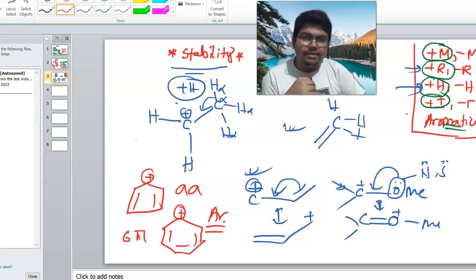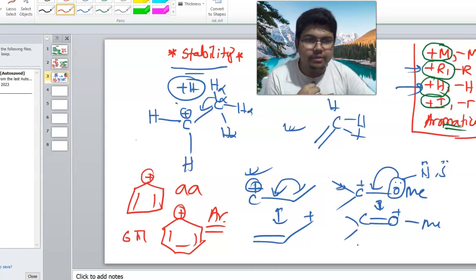So aromaticity is one point, and when all of these things come up in a particular comparison, we have to arrange them. The arrangement will be: first, something preferable called mesomeric effect, then aromaticity, then resonance, then hyperconjugation, then inductive effect.